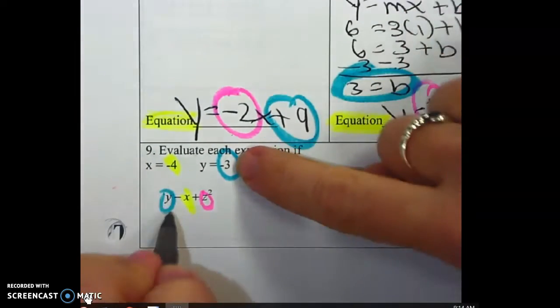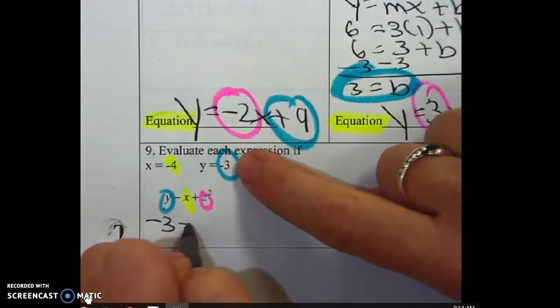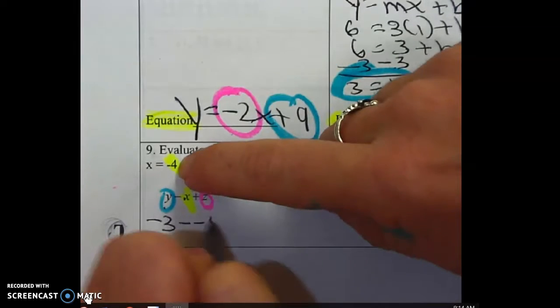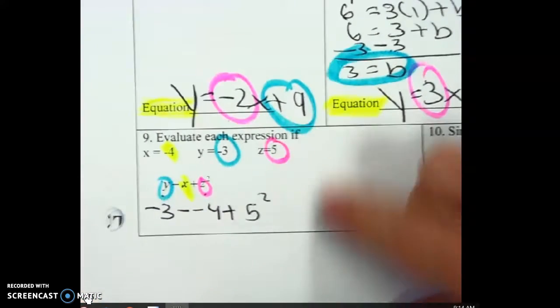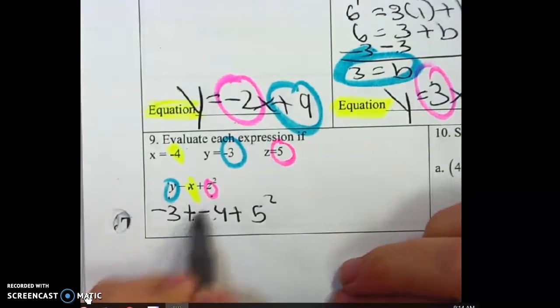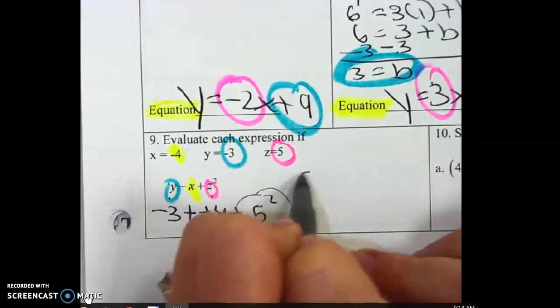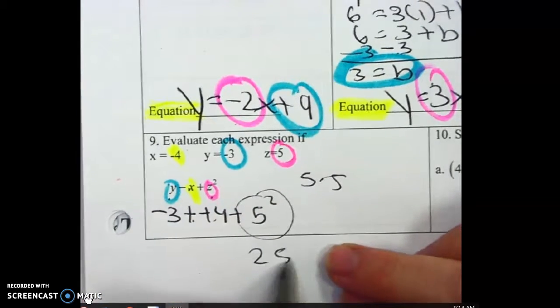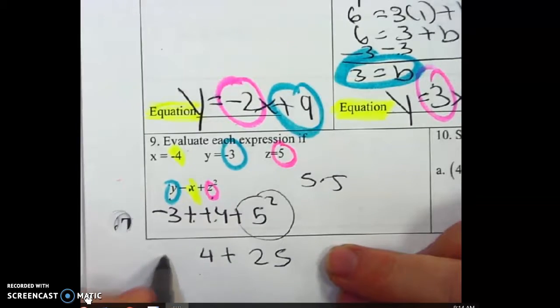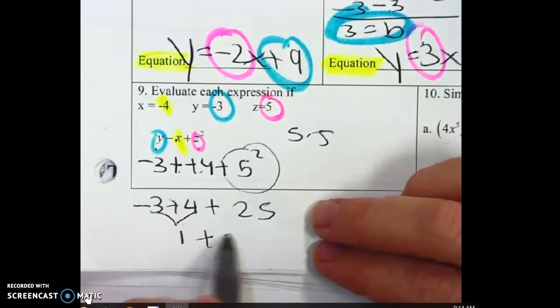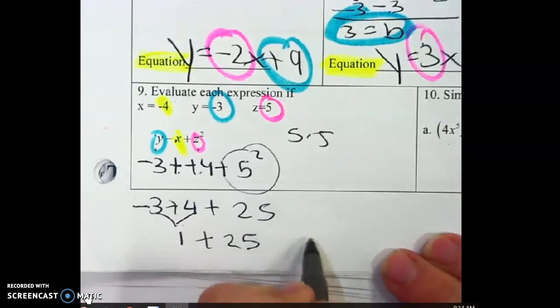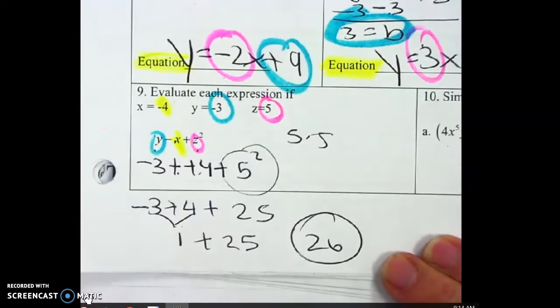So negative 3 minus negative 4 plus 5 squared. A negative and a negative make a positive. 5 squared means 5 times 5, which is 25, plus 4, negative 3 plus. Negative 3 plus 4 is 1, plus 25 is 26.